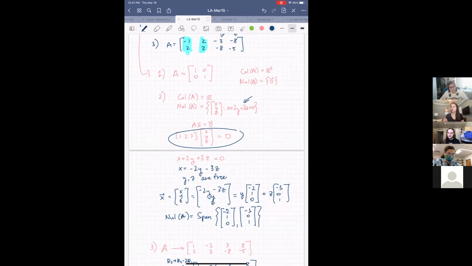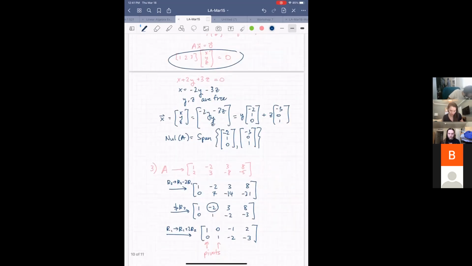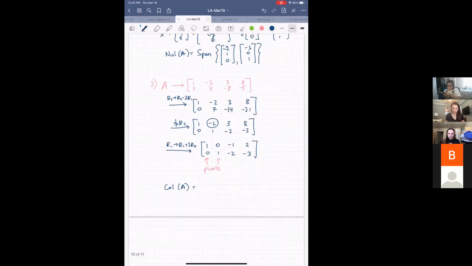Is there a pivot in every column of that matrix? There is not. Oh, I see. Okay, maybe I'm incorrect. You said if there's a pivot in every row, then you get, yeah, okay, you are correct with that.